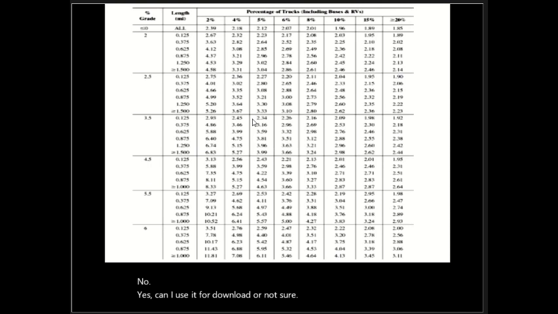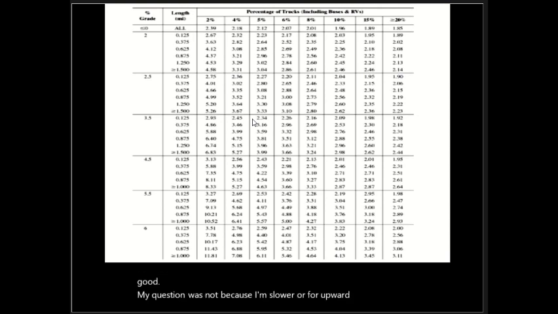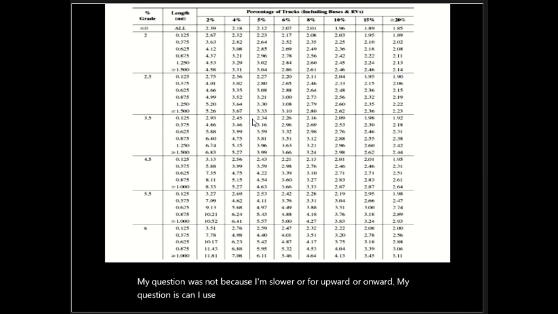This is the only table I have. Change the sign. Very good. People spend years in making this table, you change the sign. But it's slower. Heavy vehicles are slower upwards. My question was not whether heavy vehicles are slower upward or downward. My question is, can I use this table for downward or not? You said no. Everybody said no, right? So everybody is wrong.